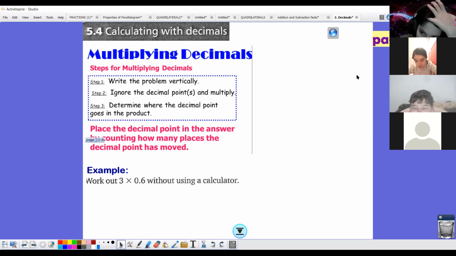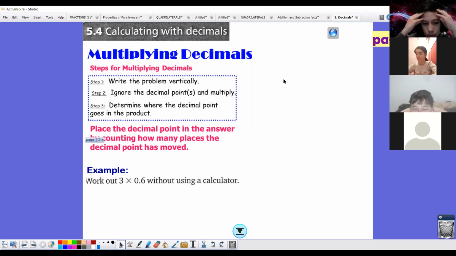This year again we'll repeat something, okay? So, multiplying decimals, and write this one. Page 77.